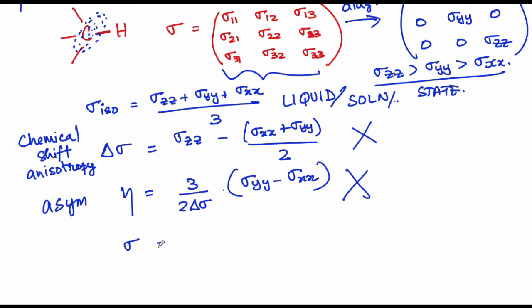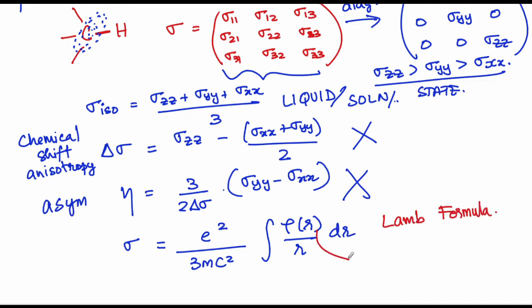The shielding parameter can be associated with the electron density around that given spin given by the Lamb formula. Rho of r is the electron density.